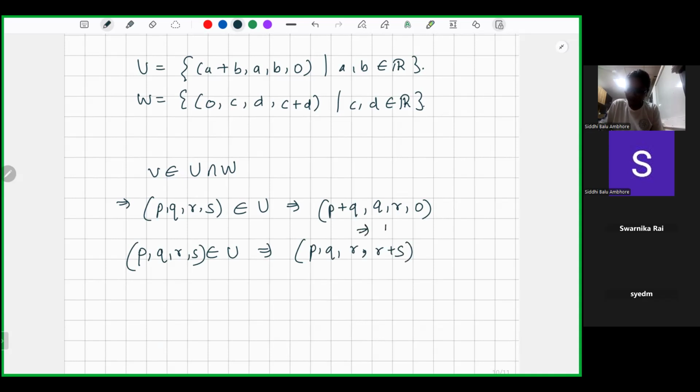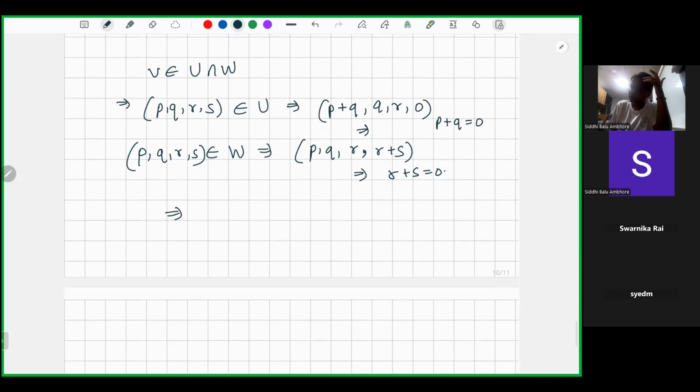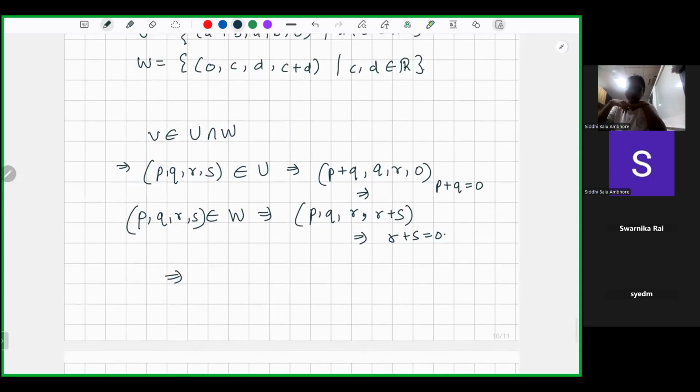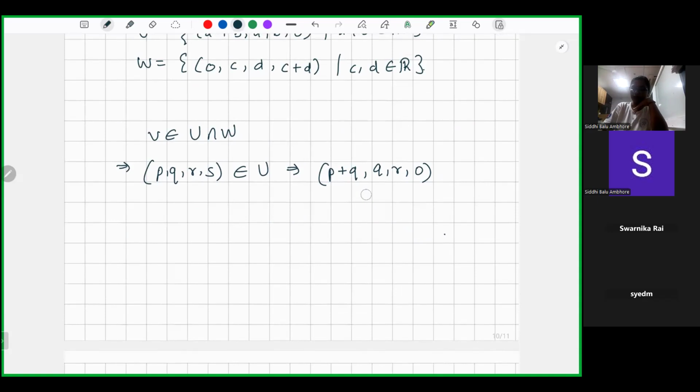But the first entry is 0 if it is in W. So this gives P plus Q is 0, and R plus S is equal to 0. We just map PQRS from above. We wrote it as (P plus Q, Q, R, 0). Then how come P plus Q is equal to 0? Because the first entry, this also belongs to W, right?